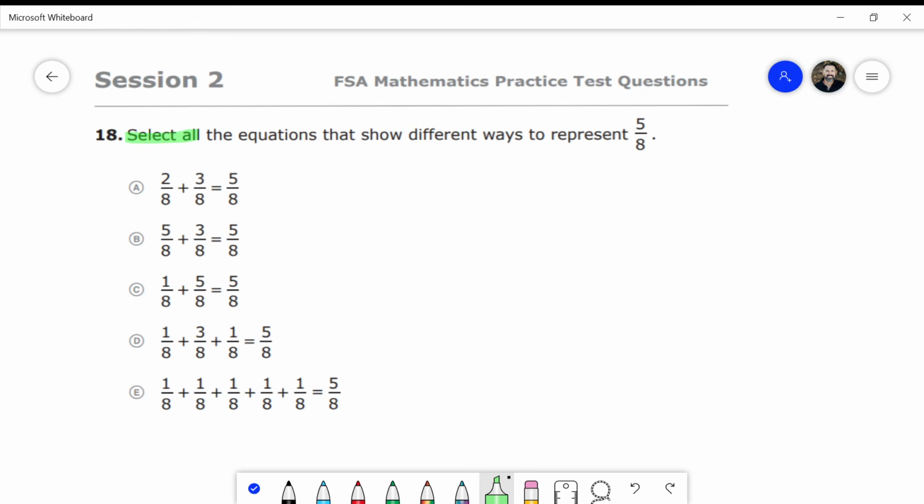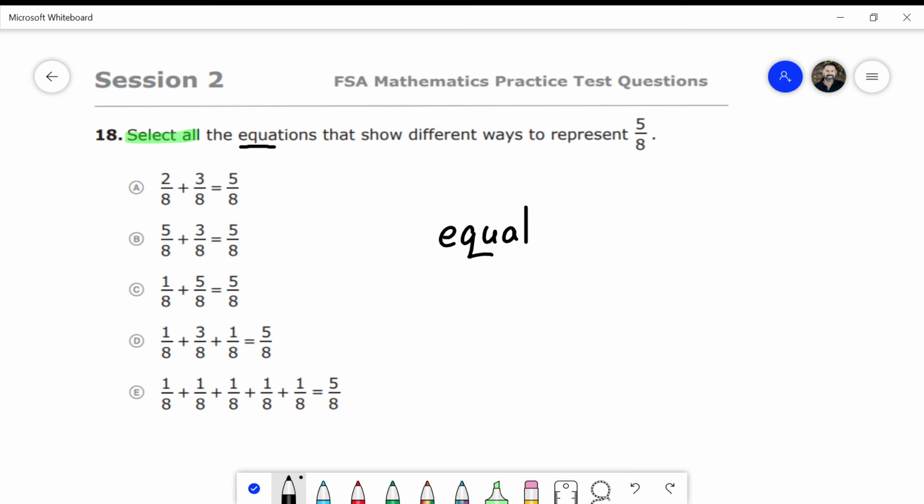All right, so if we keep reading, select all the equations that show different ways to represent 5/8. I want to start by looking at the word equations. If you just focus on the first four letters, EQUA, there's another word that has those same four letters, and it's the word equal.